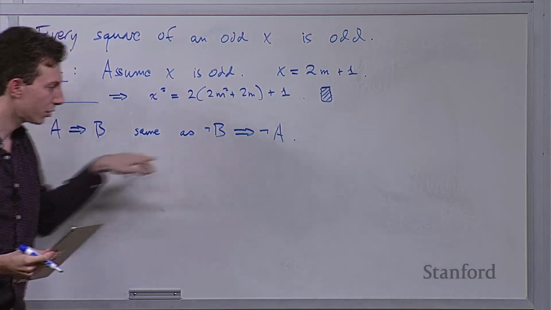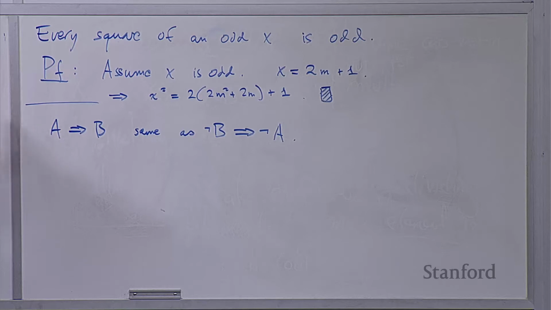And this looks a little confusing if you haven't seen sort of logic written out this way before, but it's actually, I claim, really intuitive. So let's say the statement A is there's a snowstorm, and B is school is canceled. So the statement here would be, if there's a snowstorm, school is canceled. Now, say that I come up to you and say, hey, school isn't canceled today.